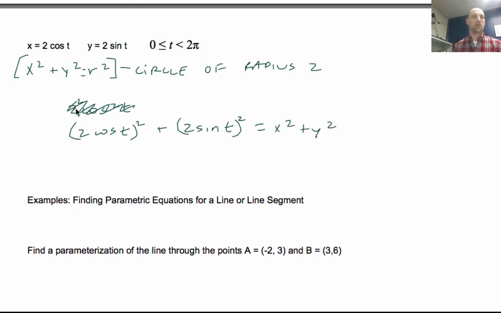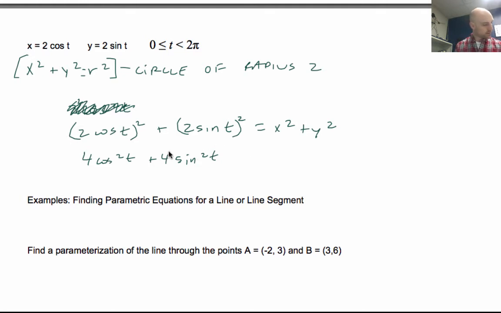Why am I doing this? Well, anytime you see that x is something times cosine t, and y is something times sine t, that's a pretty good hint we're going to have a circle here. And so this is 4 cosine squared t plus 4 sine squared t.